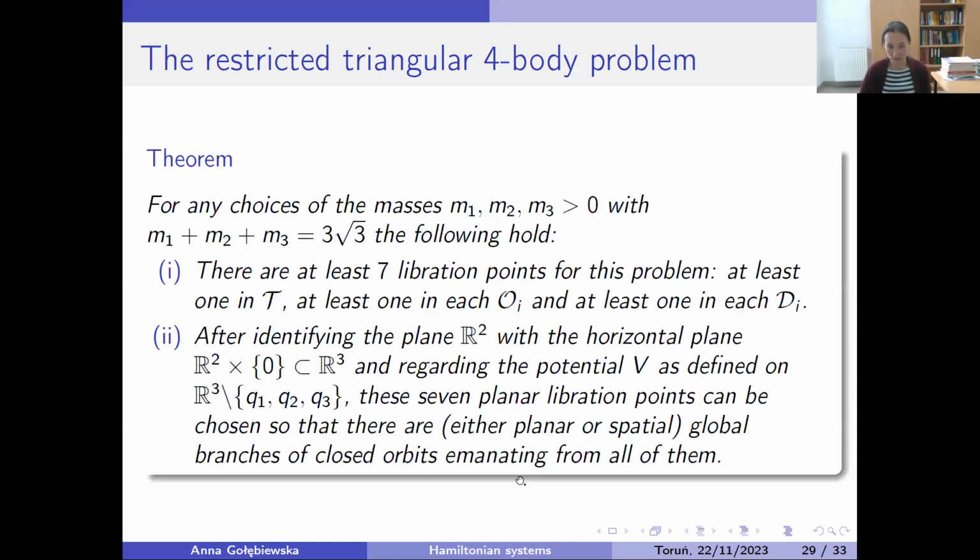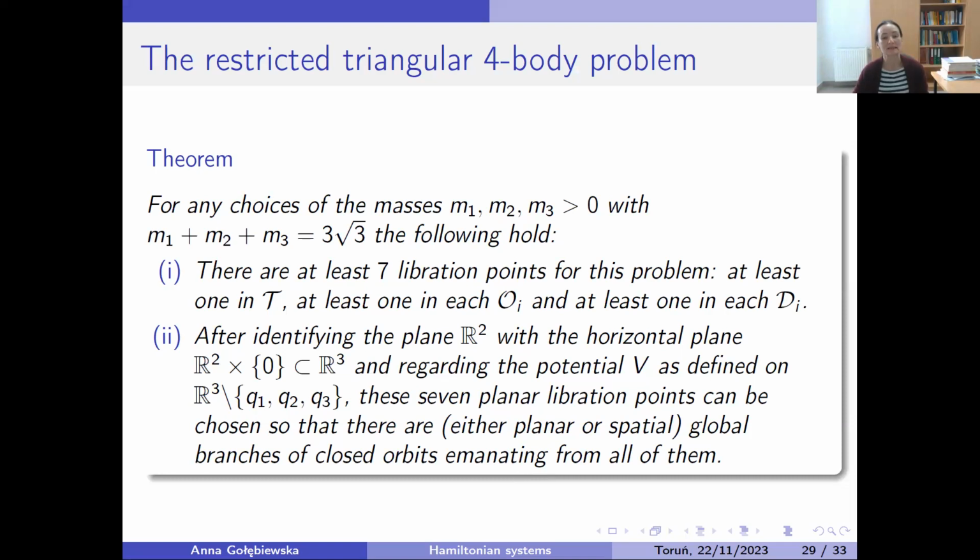And what is important for us is that from these 7 planar libration points, we can choose so that there are global branches of closed orbits emanating from all of them. So we obtain at least 7 branches of periodic solutions.